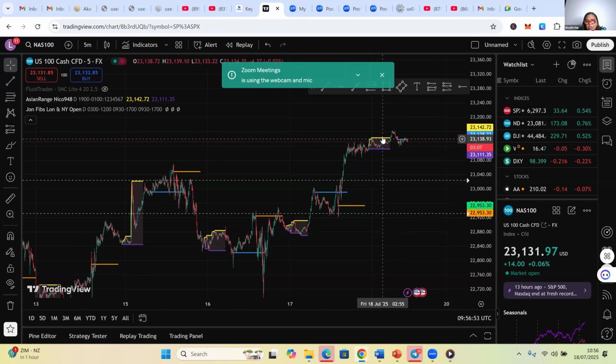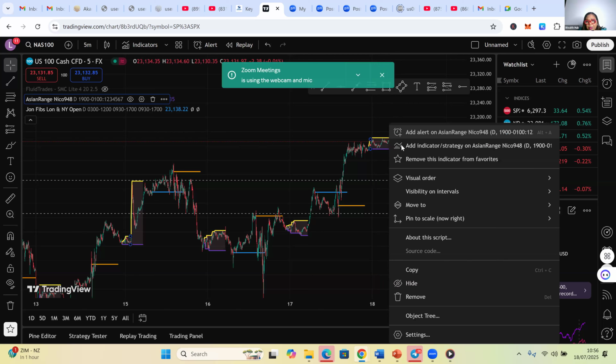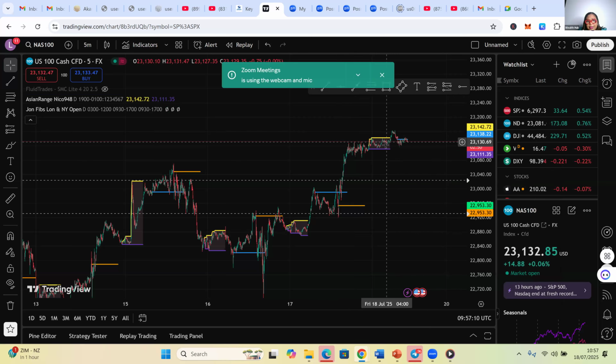So one of the things you can also do is pick one of the timings and just set an alert. So you can come and add an alert on the Asian range. Each time it gets to the time frame, it gives you an alert.